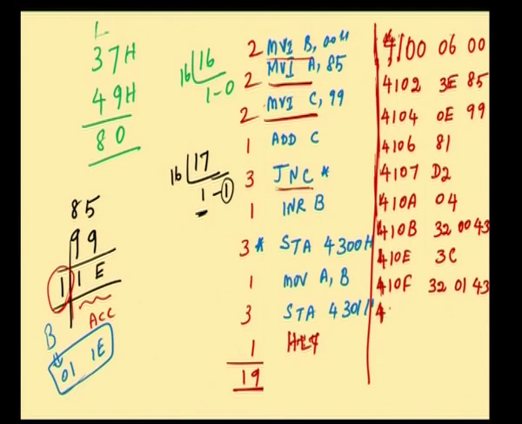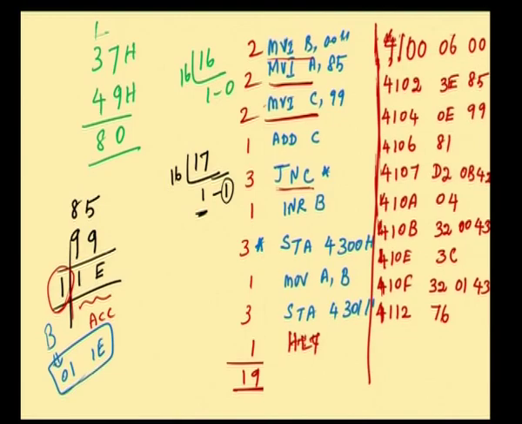Now the current location is 4112, halt, which is 76. Now I have to fill the address for jump on carry, with the STA location. STA is here, right, 410B. So first the lower byte, then the higher byte. Keep in mind this is the opcode, and it should be entered in the kit to verify the answer.